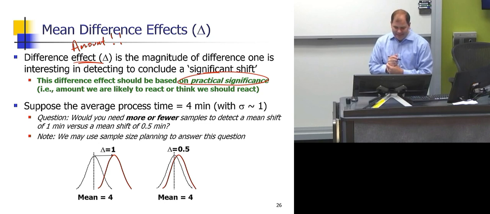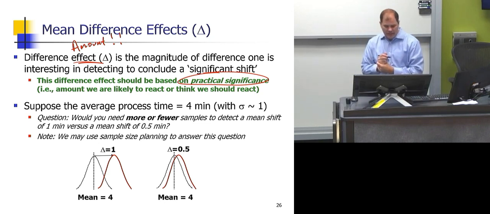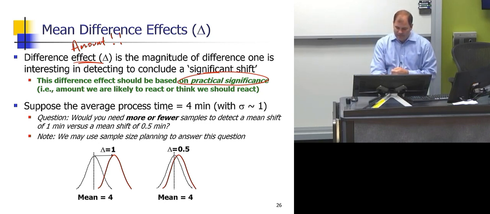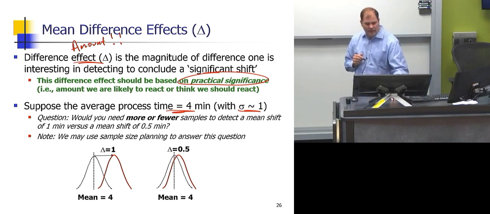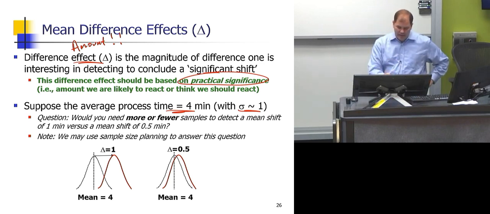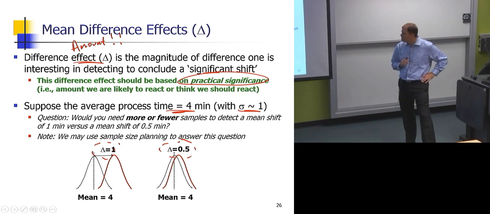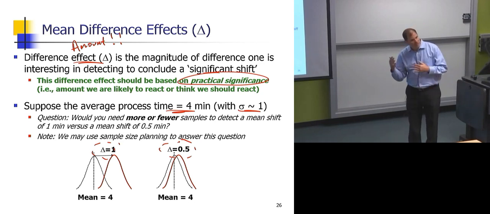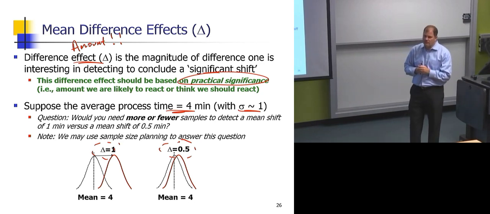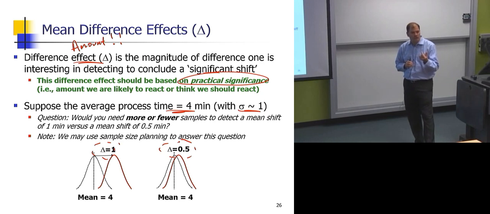All right, to illustrate an example, let's say you had the case where you have an average process time of 4 minutes, and you have a standard deviation of 1. And there's this question about, would you want to detect a shift of 1, or maybe a shift of 0.5? Are you with me? If you want to detect a shift of 0.5, that's a smaller shift.